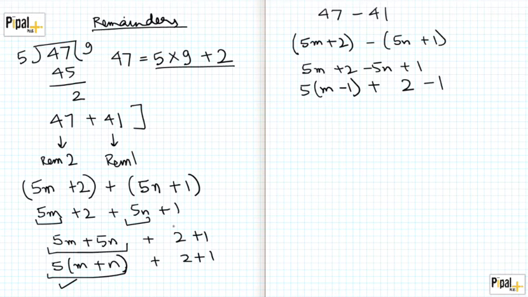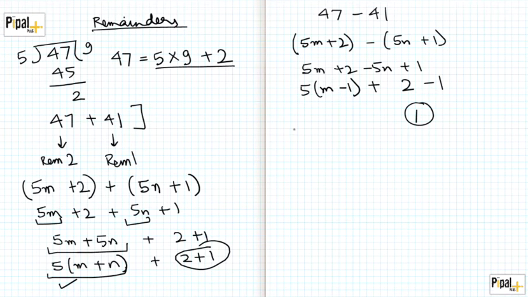Just like for the sum of two numbers I added the respective remainders, this time, whenever there is a difference of two numbers, I'll just subtract the two remainders: 2 minus 1. So the answer here is 1. The remainder when this difference is divided by 5 is 1, just like the remainder when the sum was divided by 5 was 2 plus 1, 3.